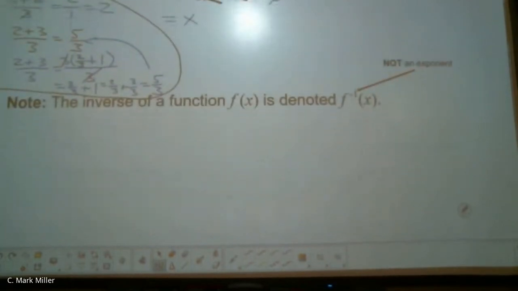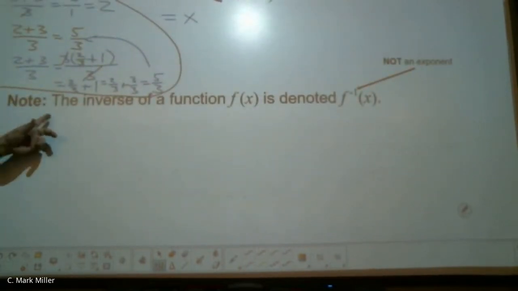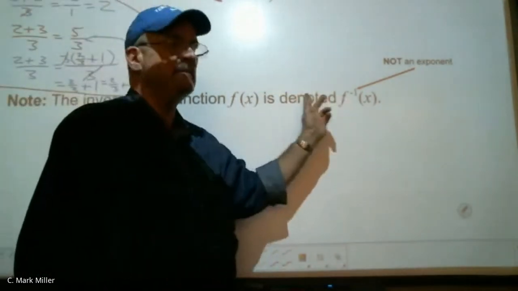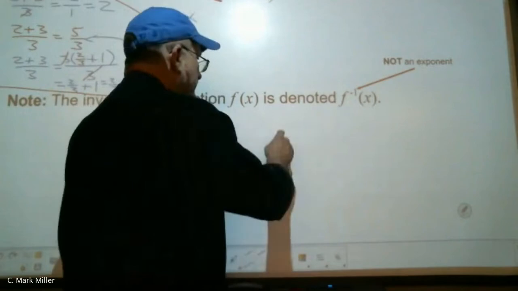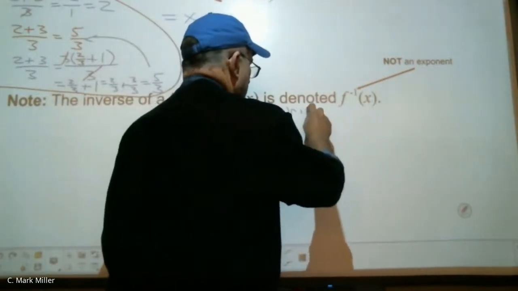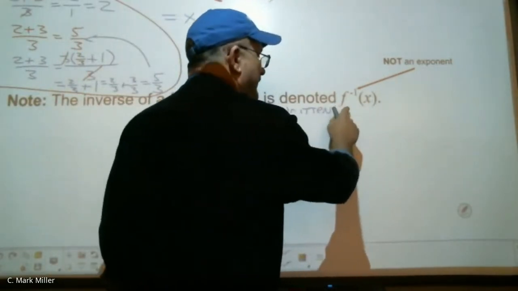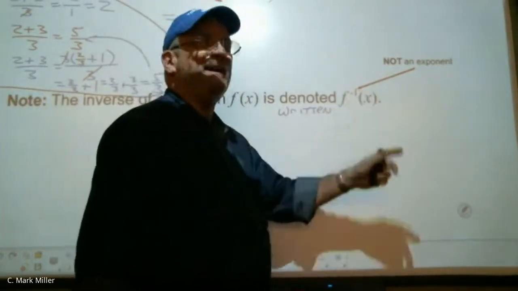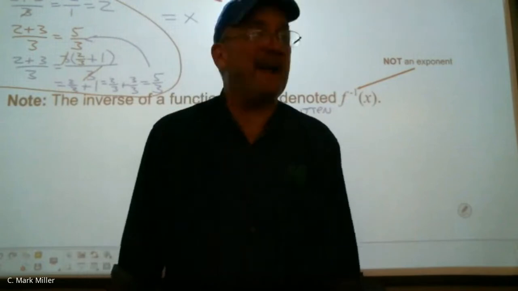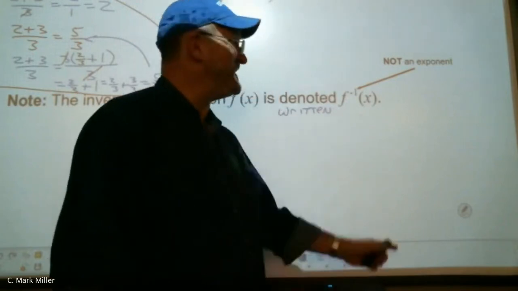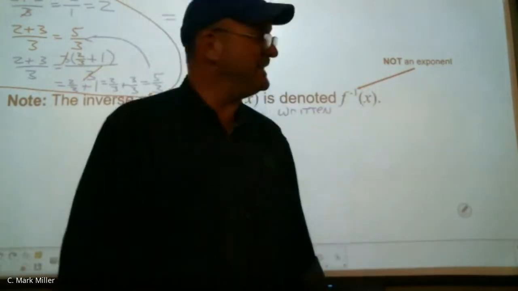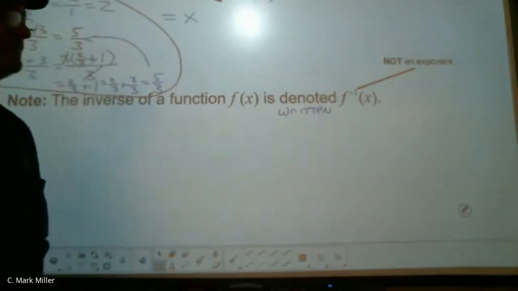Now, down here, note, the inverse of a function f of x is denoted, written, f with that little -1, f^-1 of x. That -1 is not an exponent. It kind of looks like one, doesn't it? But it's not. I did not invent this notation.